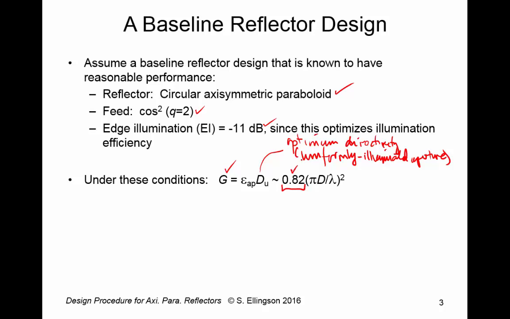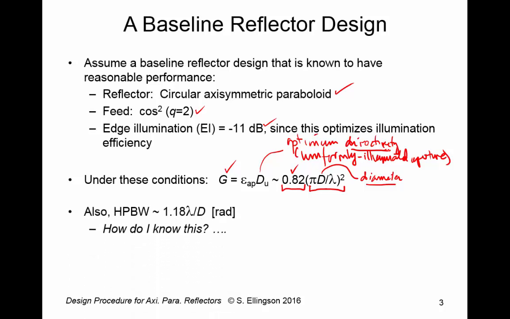So here it is right here. And then the optimum directivity, the directivity of a uniformly illuminated aperture, is just pi times diameter divided by wavelength quantity squared. Now this D is diameter. One of the great difficulties in reflector design is that we use G and D for multiple purposes, so sometimes it gets confusing. So just be clear, D here is diameter, D sub U is a directivity.